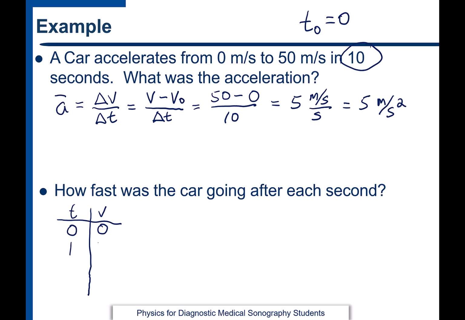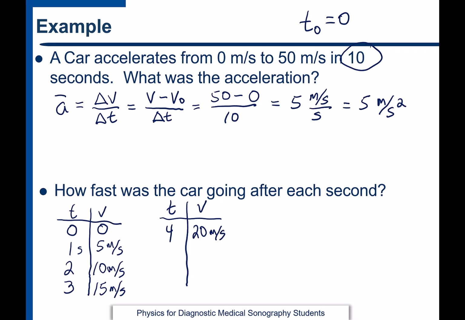So after 1 second, it would be going 5 meters per second. After 2 seconds, it would have gained another 5, so 10 meters per second. After 3 seconds, 15 meters per second. So notice that for every second that goes by, we're simply gaining 5 meters per second of velocity. So after 4 seconds, we'd be up to 20 meters per second.